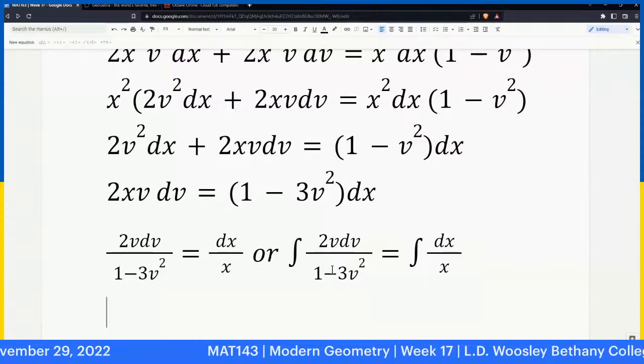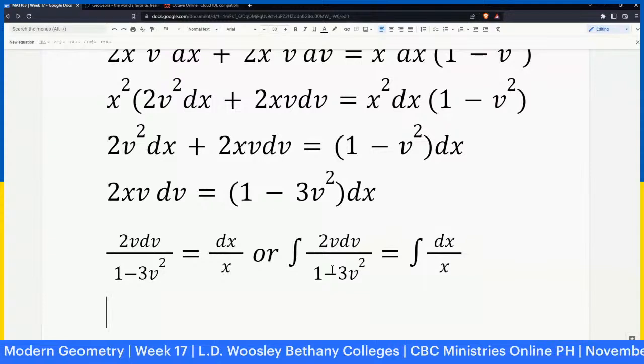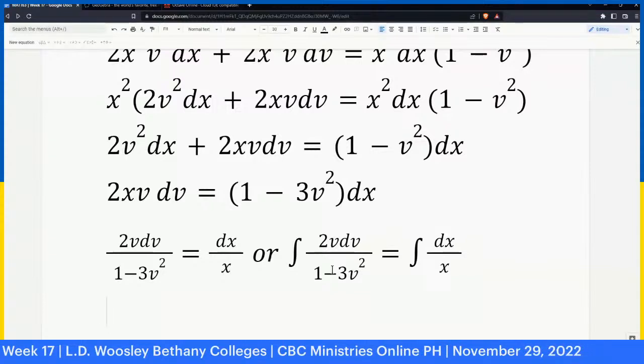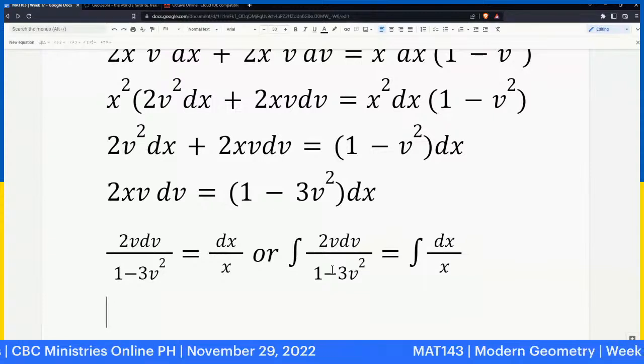Yung du lang kasi du over u yan. Yung u is equal to 1 minus 3b squared. What's the du? Para maging ln of u to.